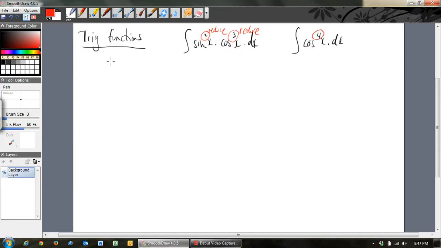Now what we use is a bunch of different things. If we rearrange one of the double angle formulas, then you get that sine squared x is equal to 1/2 minus a half cos 2x. That's a rearrangement of the double angle formula for cos 2x.